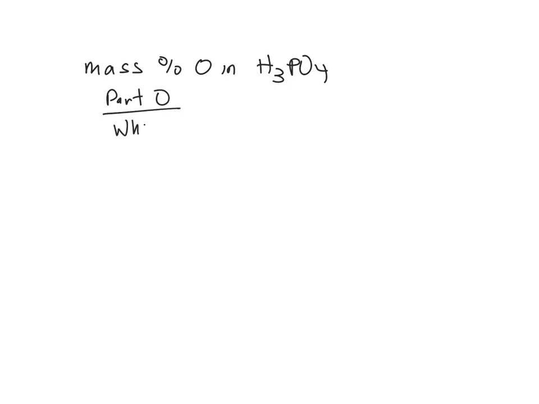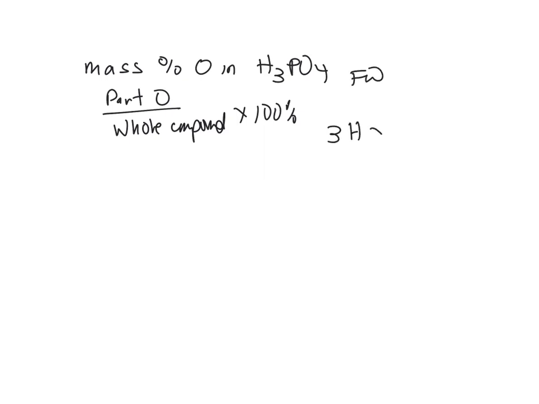Number 12. Okay, so one of the things you need to be able to do is find the mass percentage of oxygen in phosphoric acid, and the formula is given to you. So this is going to be the part of oxygen over the whole of the compound, times 100%. And so we've got to figure out the formula weight of the compound.